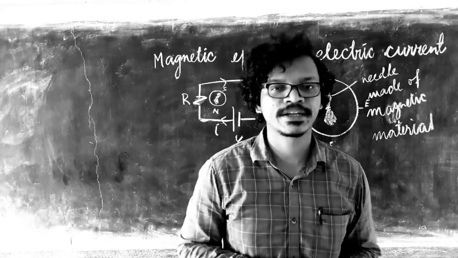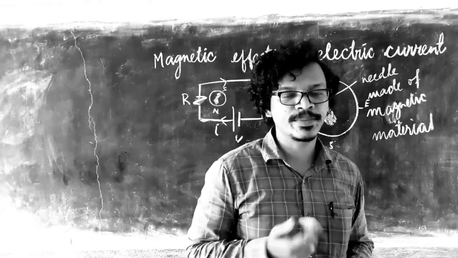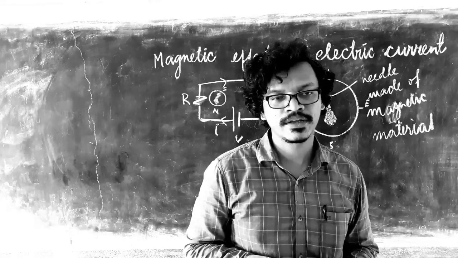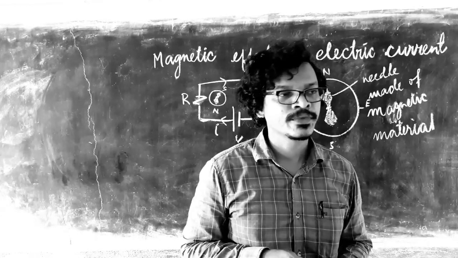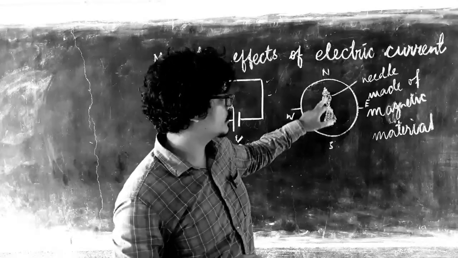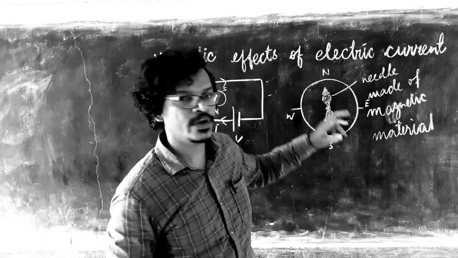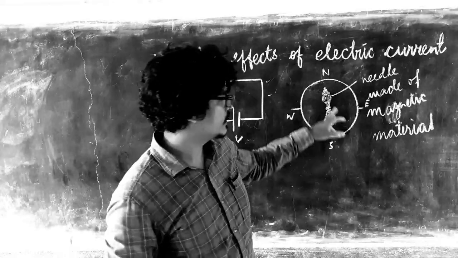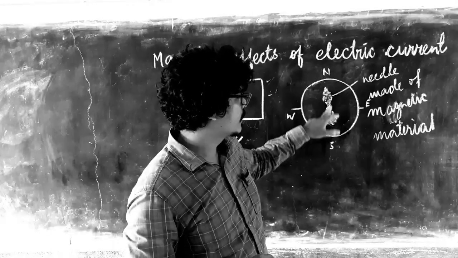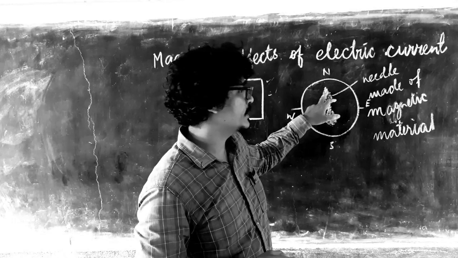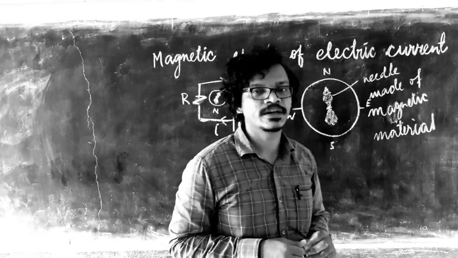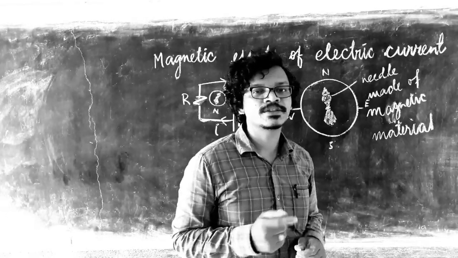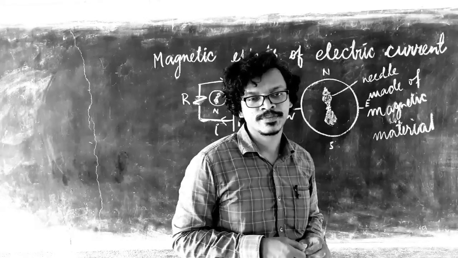So how will you detect direction? If you place a magnetic compass anywhere on the earth, the north side of the magnetic needle will point towards the north of the earth. How will you know which is north? In the magnetic needle, the north side is colored or marked as north, so that you can understand.